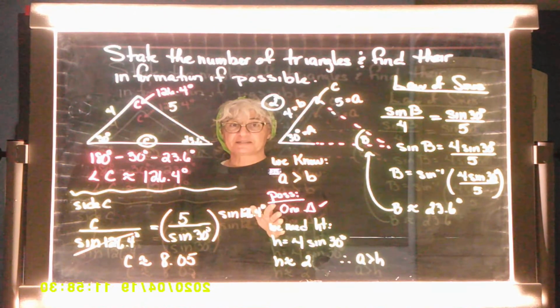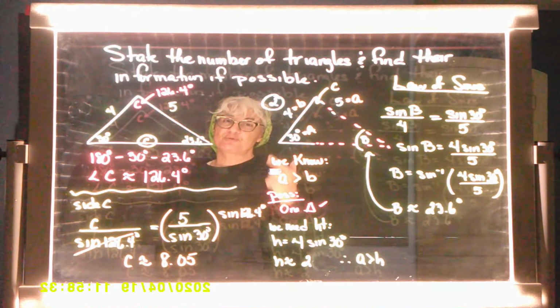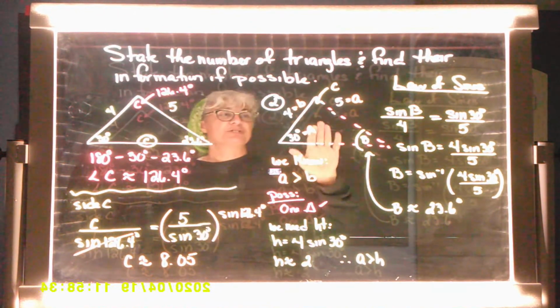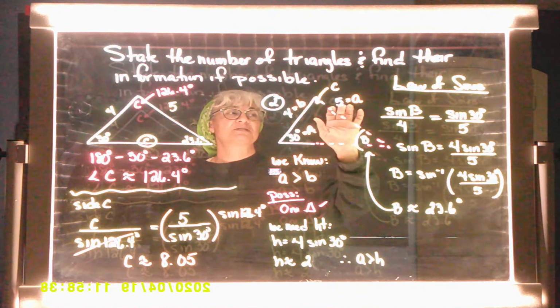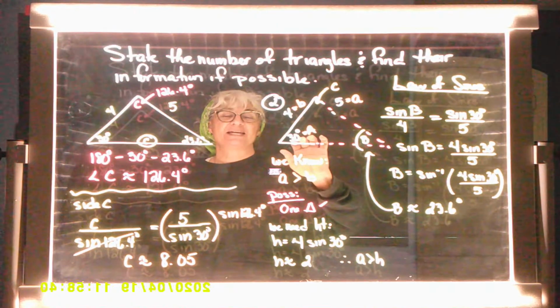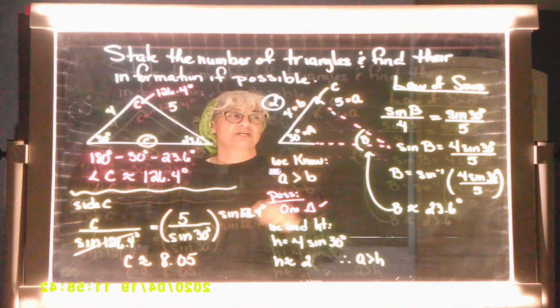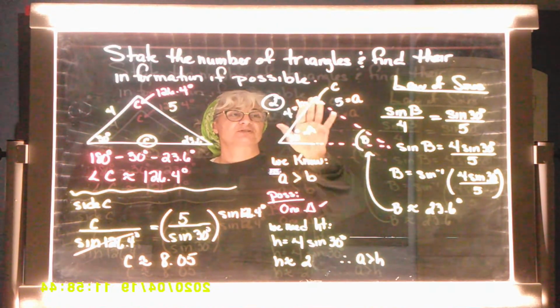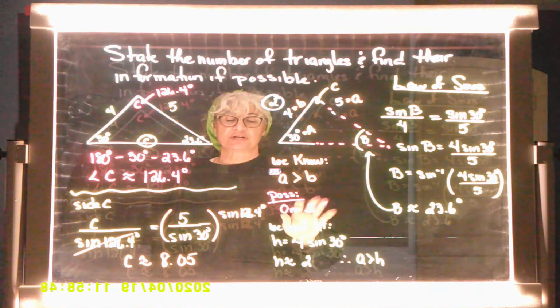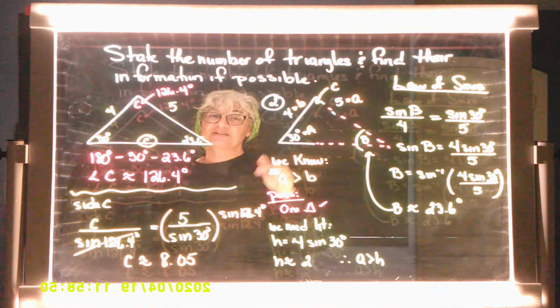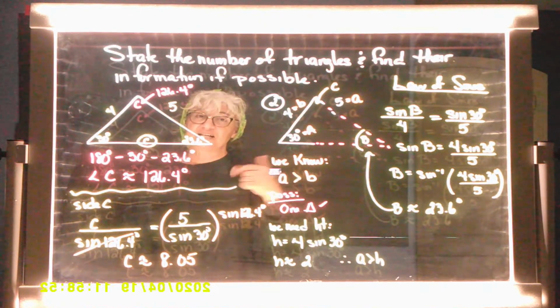Does that make sense? Okay, let me go back and recap a second. The original information we had was side B was 4, side A was 5, angle A is 30 degrees. We knew that A was larger than B, and that gave us a possibility of one triangle. We needed to verify it was going to be one triangle by finding the height.